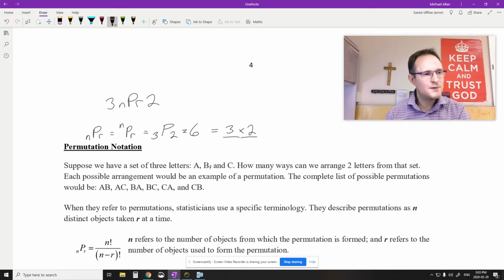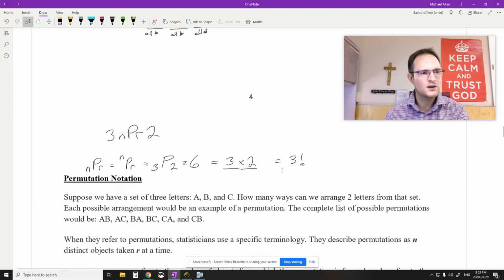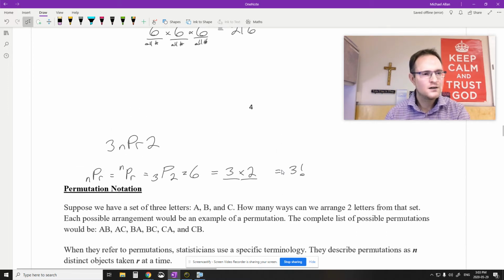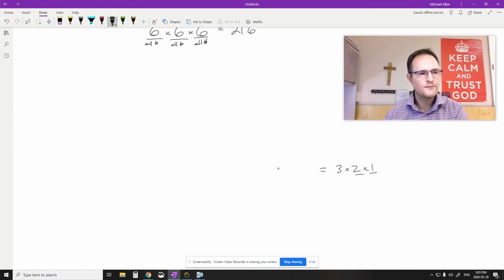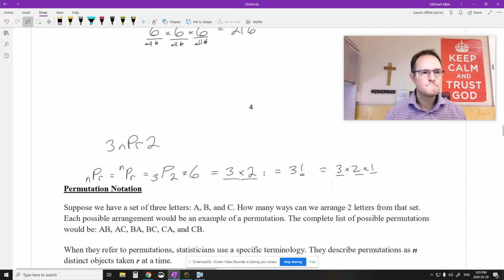Now, if I expand this a little bit more, you think about, okay, where did it go? This is very close to being 3 factorial. It's the same number as 3 factorial, but you notice that when you do 3 factorial, you get 3 times 2 times 1. Now, what's missing from here to here?